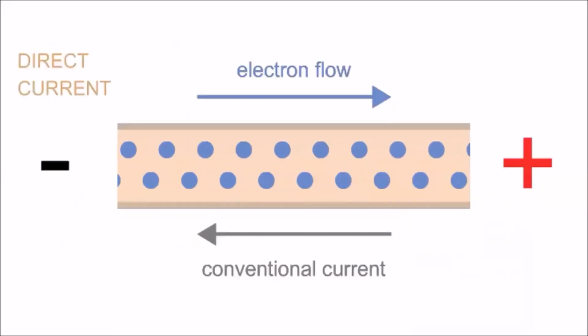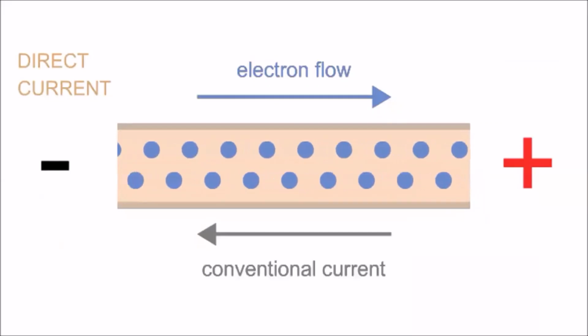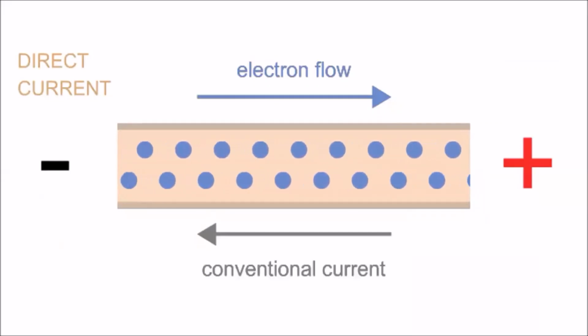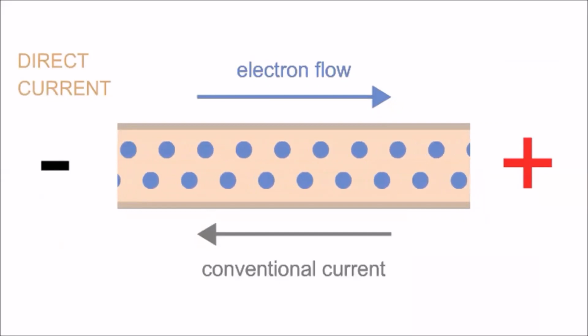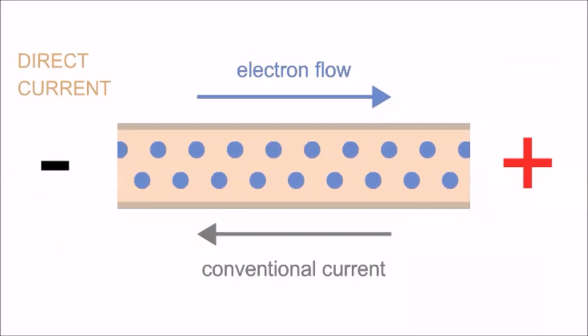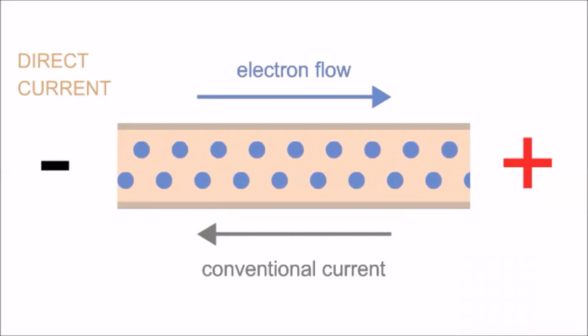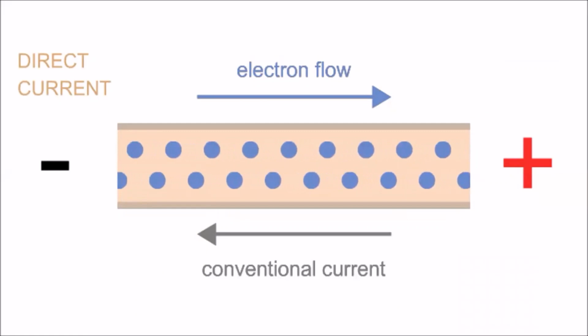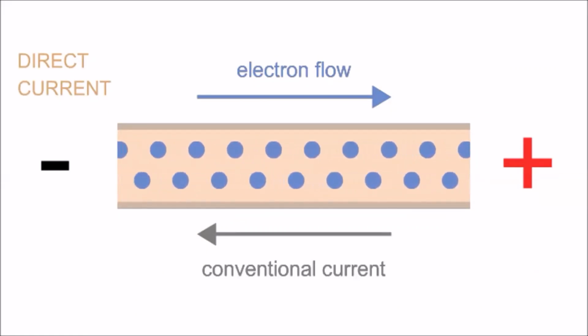You can observe this diagram where electrons are flowing from the negative terminal to the positive terminal. So electron flow is taken from negative to positive, but conventional current, I mean the direction of current, you have to take from positive to negative. Don't get confused.